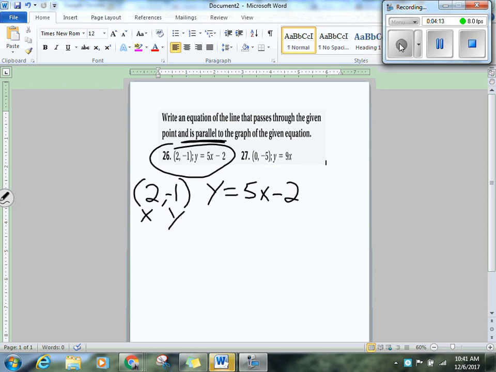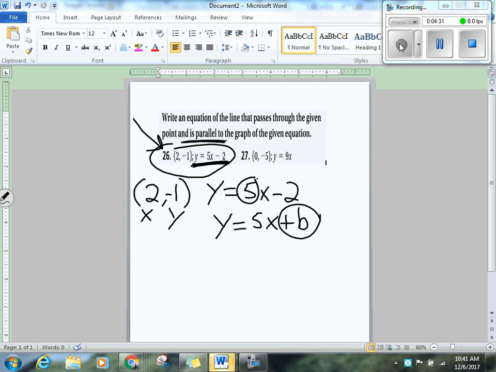Looking at the next problem, we're going to take a look at number 26. The only thing I need out of this equation is the 5. Then I'm going to rewrite my equation as y equals 5x plus b, and I'm going to solve for what b equals.